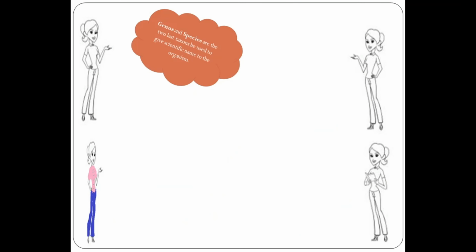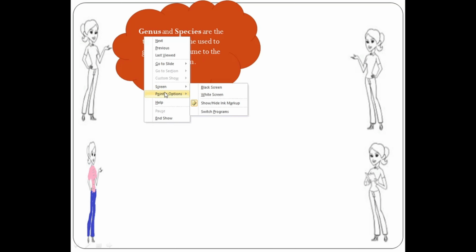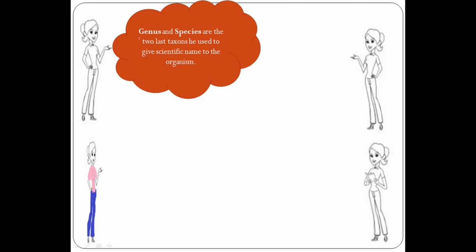Using all these, the scientist Carolus Linnaeus has given scientific names to organisms, and those scientific names have 2 epithets. One is of genus and another is of species.